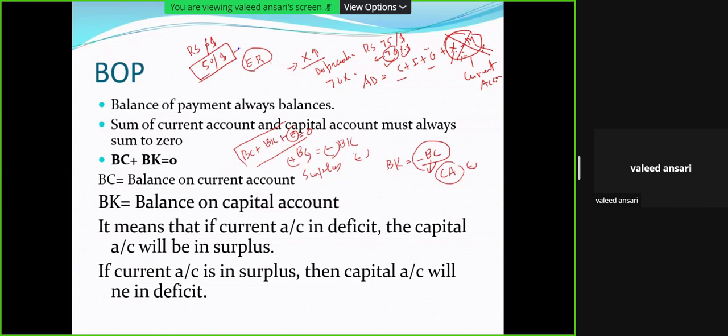Let us say an exporter's good costs 50 rupees in India, and when it is quoted to foreigners, it becomes $1, isn't it? Now let us say that the rupee depreciates and becomes 100 rupees per dollar.